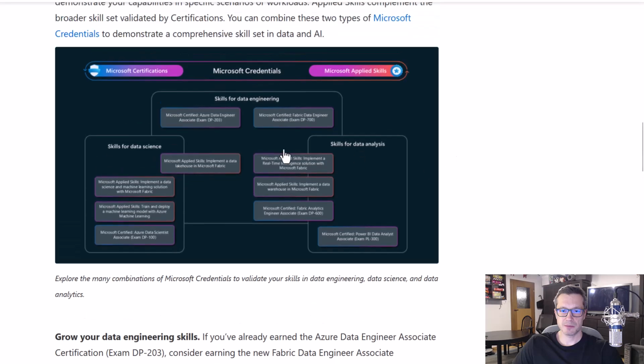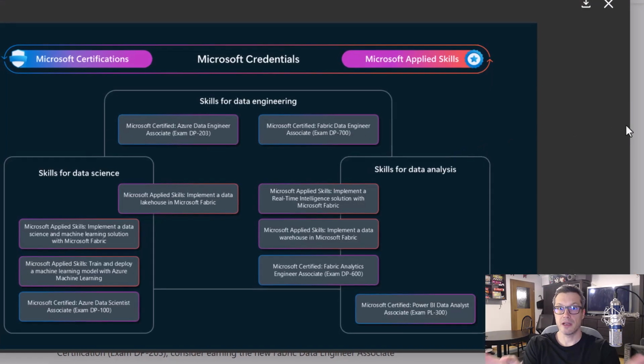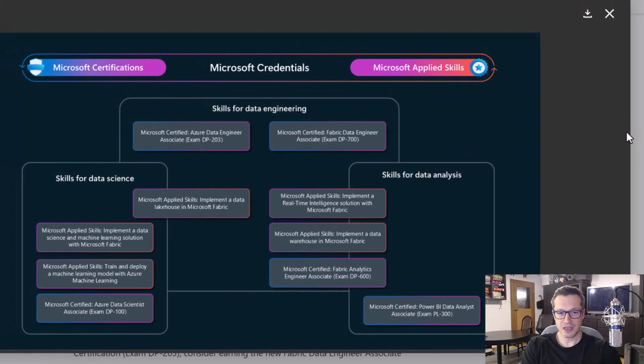And the most important part is this diagram, this image, that shows various certificates, various credentials, both certifications and applied skills, split into those three areas, three skills. On the left hand side, we've got skills for data scientists that are maybe not that interesting, at least for me.